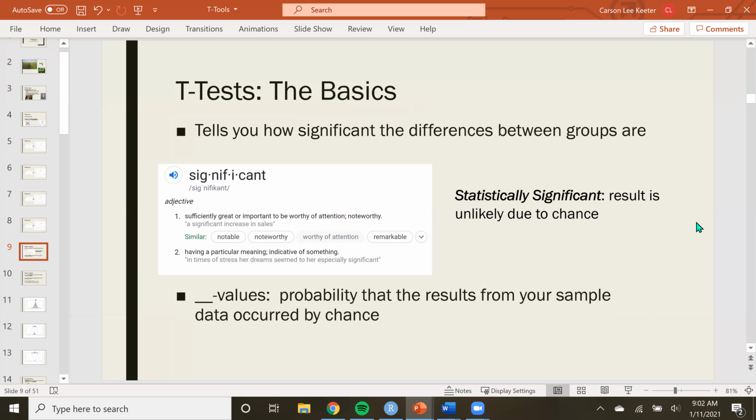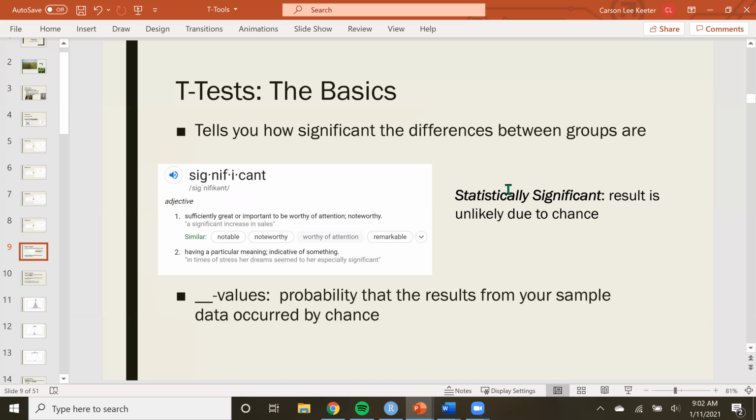In English, effectively, we mean something that is notable, something that is important, kind of, right? However, in statistics, that is not true. When we say something is statistically significant, what we actually mean is that the result that we saw is unlikely due to chance, okay? So it is not due to just randomness in the world, that there is some mechanic kind of behind the whole thing.